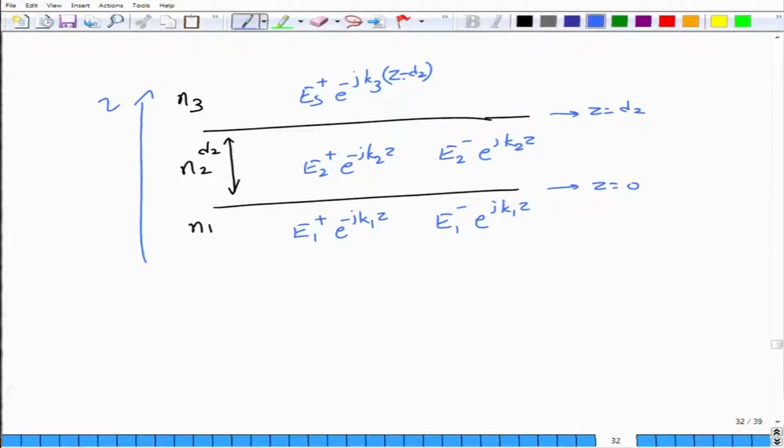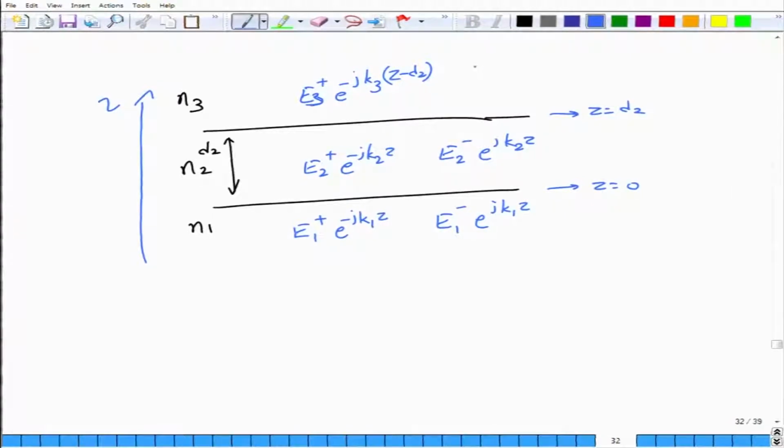Otherwise, you will have to keep track of this e power minus j k d2 kind of a phase factor. I do not want to carry this phase factor, therefore, I choose my coordinate system itself such that z equal to d2 stands as the z equal to 0 plane for the third waves in the third medium.